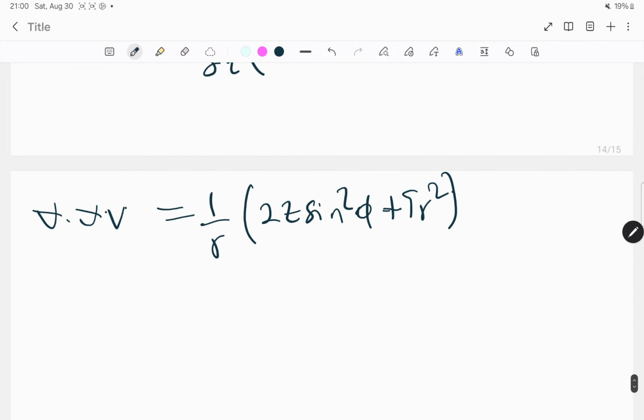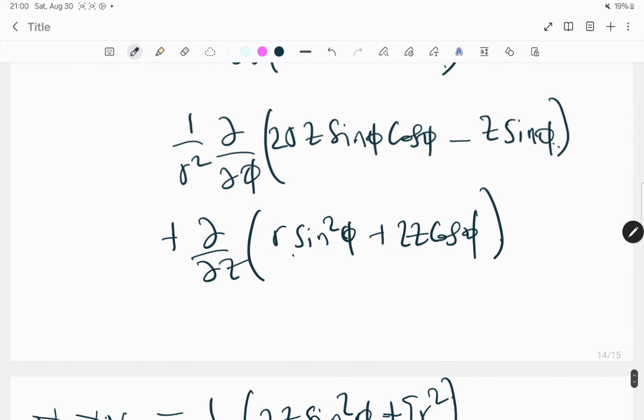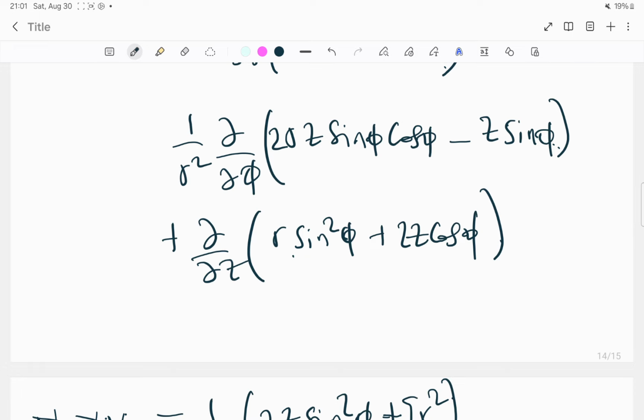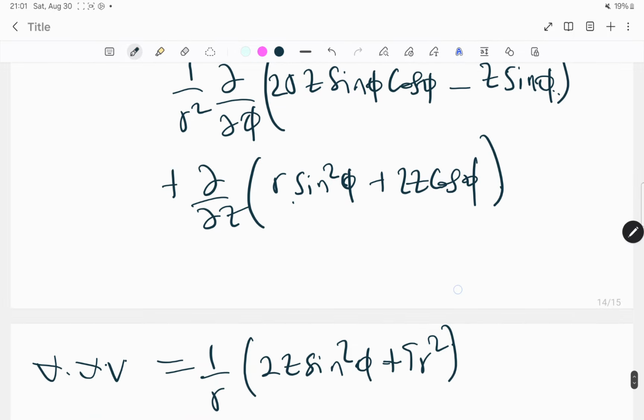Now let me bring the plus down here. So I know 1 over r squared. We are doing this one differentiating with respect to phi. Here we have cos phi, sine phi, and then cos phi. So if we differentiate, meaning with this we use the product rule, right?